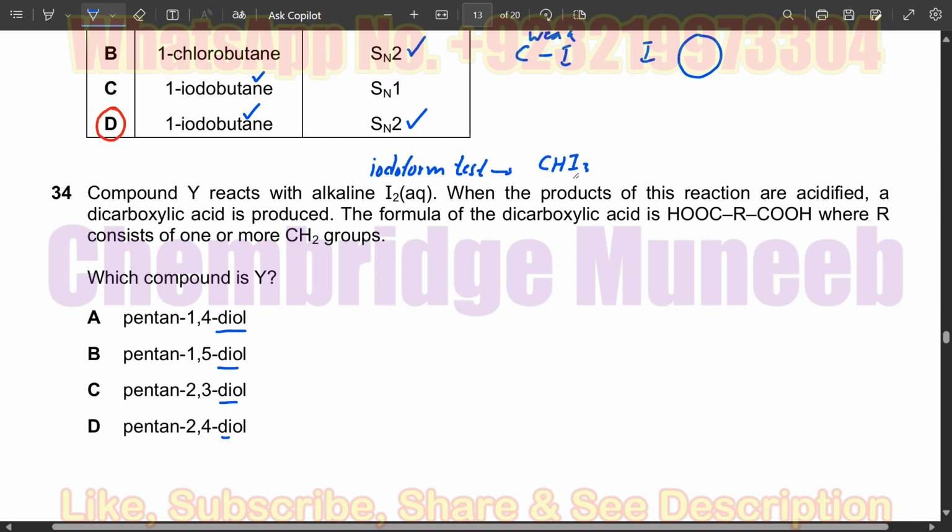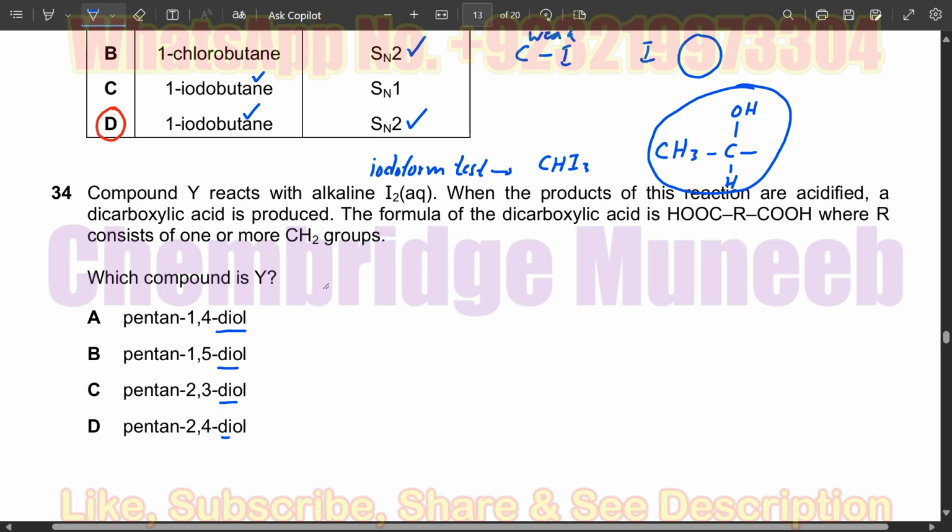Now the alcohols which can give this type of reaction must have this group present in the alcohol: CH3, CH(OH). This part must be present in the alcohol, only then this reaction will be possible. Which means we must first write all these formulas into structural formulas so that we can recognize whether this part is present in the given alcohols.